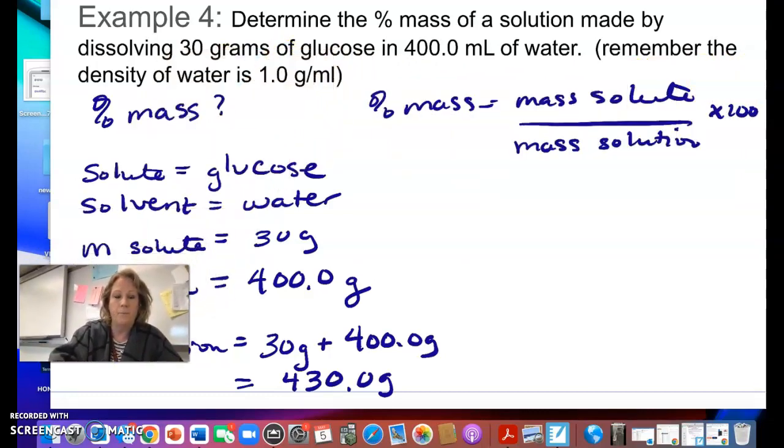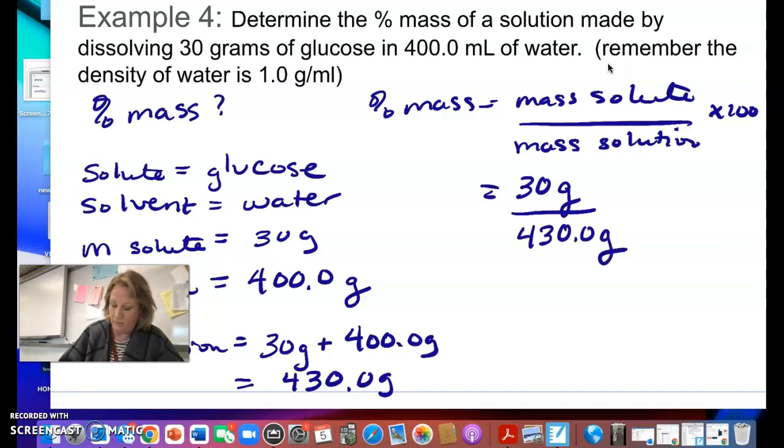Now I know the glucose is the solute and I have 30 grams, and my solution has a mass of 430. Let's give this 2 sig figs and then multiply by 100.